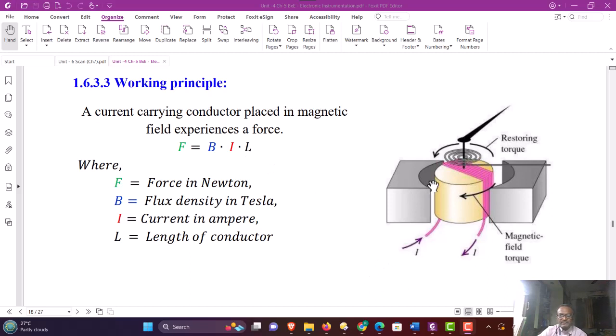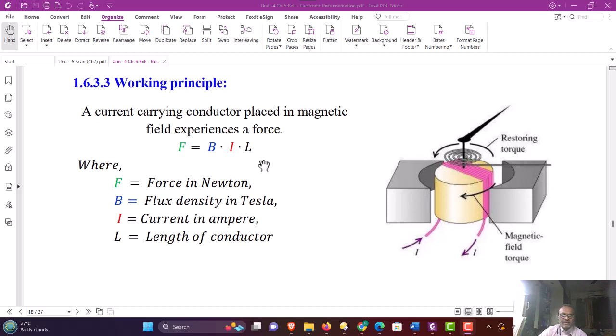Here, when the current is flowing through the coil, it experiences the force. And due to this force, the coil deflects. When the coil deflects, the pointer is deflected on the scale. And from this expression, F is equal to BIL, we see that the force of deflection is proportional to I. Therefore, when the current to be measured is passed through the coil, a proportional deflection will be produced on the scale.